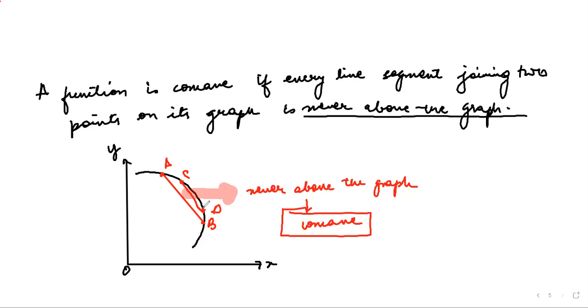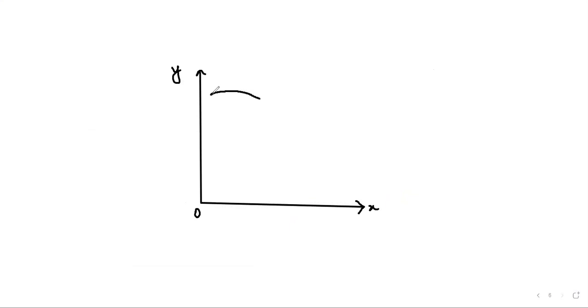Let's take another example. So supposedly, the graph that I have is this. X, O, Y. And now the graph that I have is this. I'm just taking different examples. Okay. Now I take 2 points, point A and point B, and I join these 2 points.